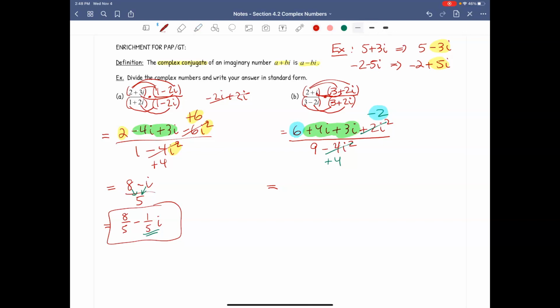We're going to get positive 4 as our real part and 7i as our imaginary part, and that will be divided by 9 plus 4, which will give me 13. Now, to write this in standard form, again, we split through the numerator, and so this will be 4 over 13 plus 7 over 13 i as the answer whenever you divide those complex numbers.